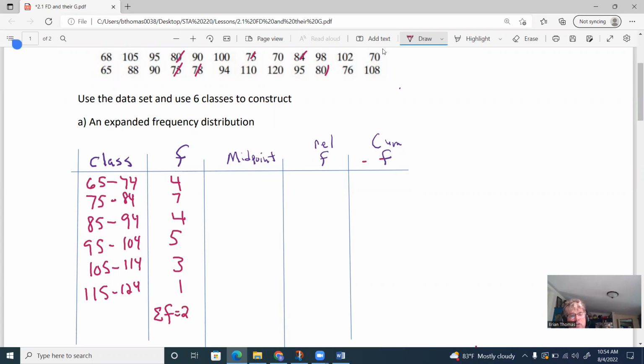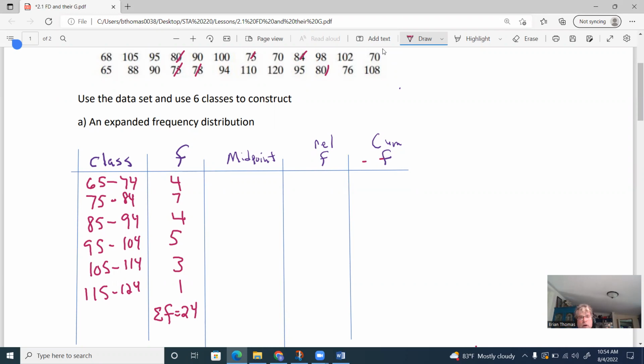And we had, I think, 24 entries as the sample size, the sampling of all the pulses there. So if we look at our numbers, make sure they add up to 24. 4 plus 7 is 11, plus 4 is 15, 20, 23, 24. So that does add up to 24. It's important that it does. If it doesn't, then you missed counting your tally marks.